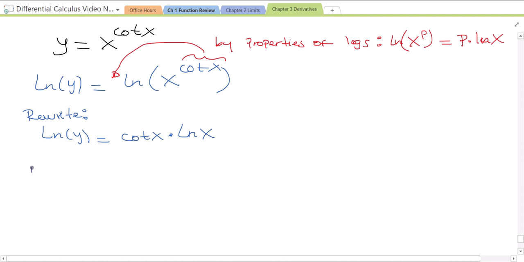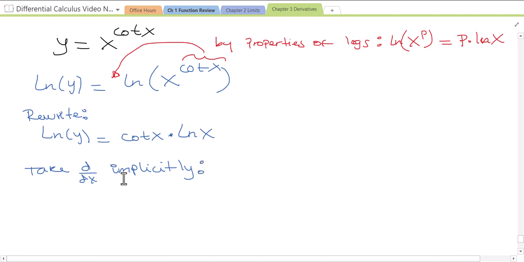Now I can take the derivative implicitly because y is a function of x. Here y is explicitly a function of x, y equals x to the cotangent of x, but once I write it this way, when I have ln of y, now I have a function of y, but y is a function of x, so this is really ln of f of x. So we're going to take the derivative implicitly.